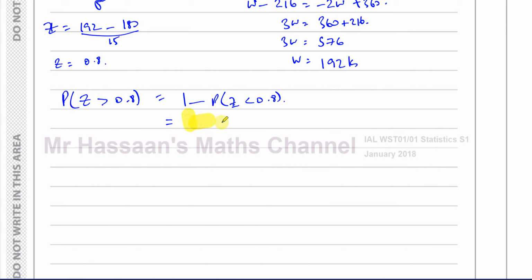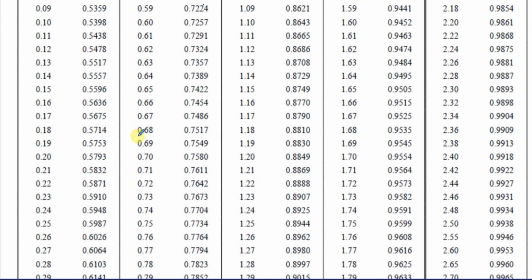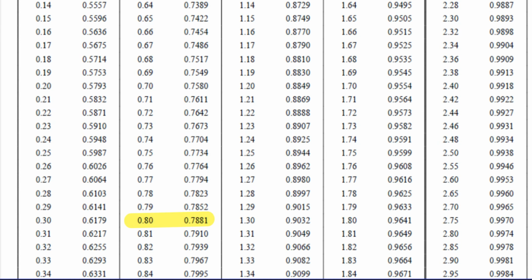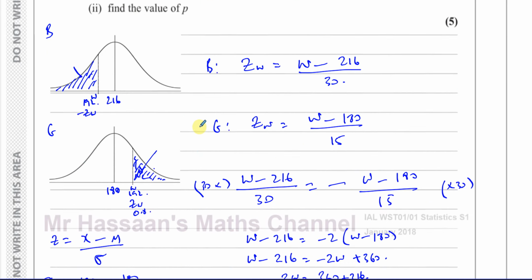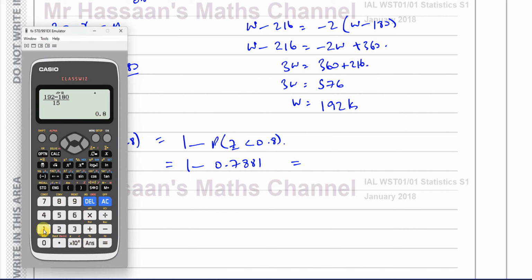So it's 1 minus 0.7881. Okay, I just want to make sure. Yes, 0.7881. So the answer is going to be 1 minus 0.7881, which gives us 0.2119.